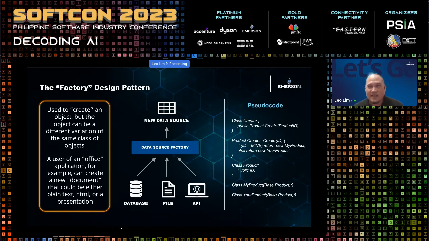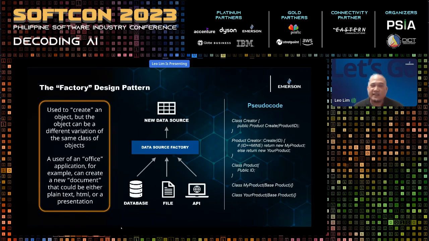The system in this case being a machine learning model or an AI system. So if you are going to pass a data source to your model or your system, you can get the data from different sources. It could be a database, a file, or an API, a web-based API, for instance.